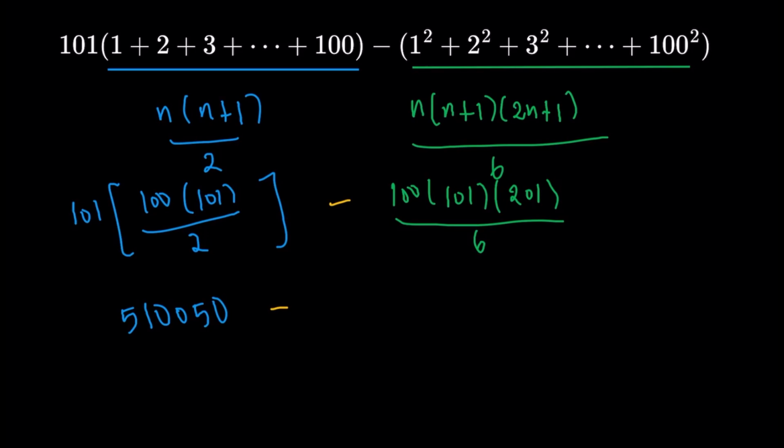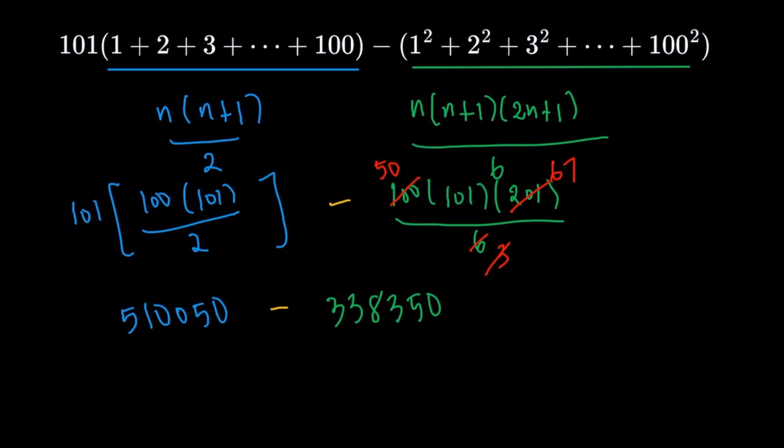The 100 and the 6 give 50 and 3, and then the 3 and the 2 cancel nicely, so it's 67 for this one. So I can essentially do 50 times 101 times 67, and that's going to give me 338,350. The numbers are a little bit big, but you can work out the arithmetic.